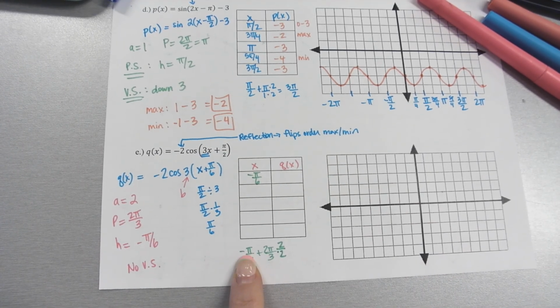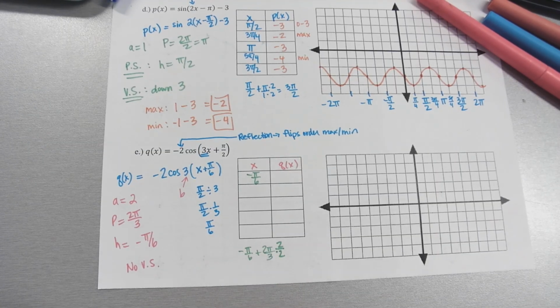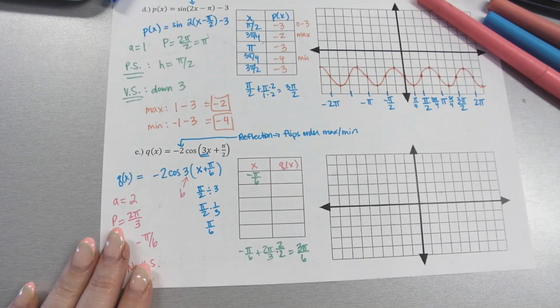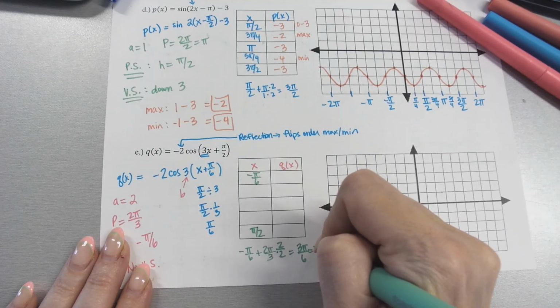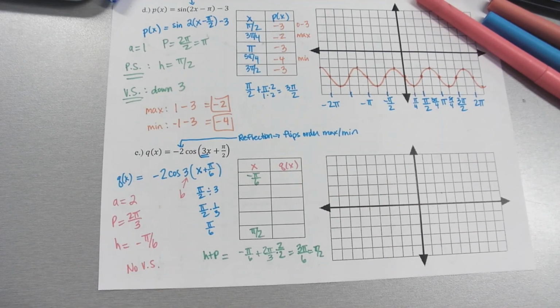So that would be negative pi plus what? 4 pi. Negative pi plus 4 pi would be 3 pi. So it's 3 pi over 6. What does that reduce to? Yep, pi over 2. So that's going to be the last one. This is h plus the period.